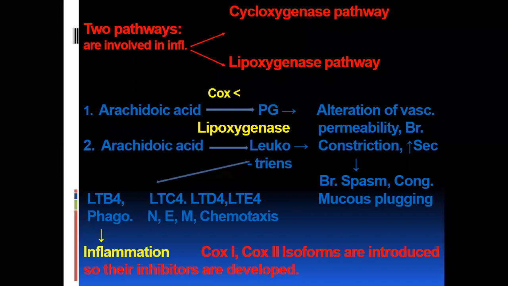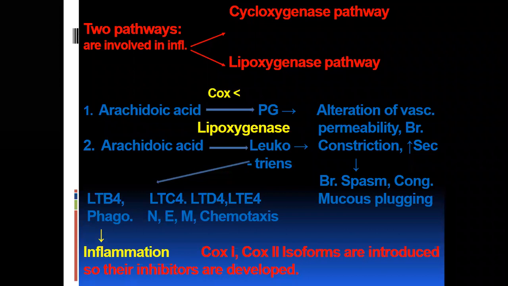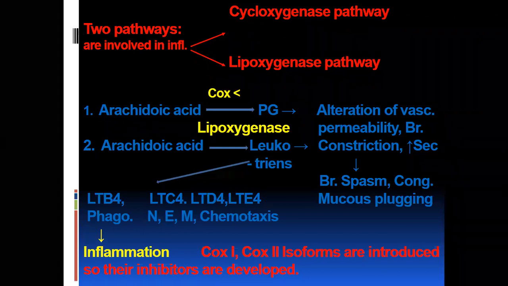The same will occur via the leukotrienes, and additionally there is formation of LTB4, LTC4, LTD4, and leukotriene E4, which cause chemotaxis of neutrophils, eosinophils, and monocytes, all these white blood cells, resulting in the exaggerated inflammatory process.